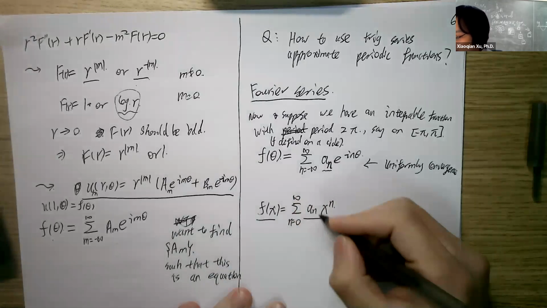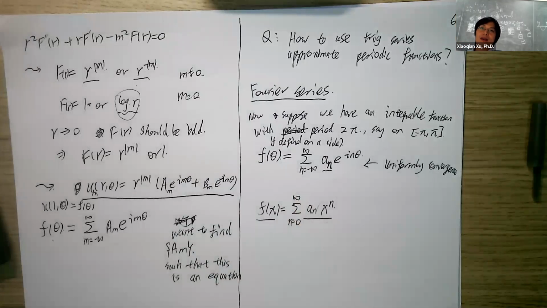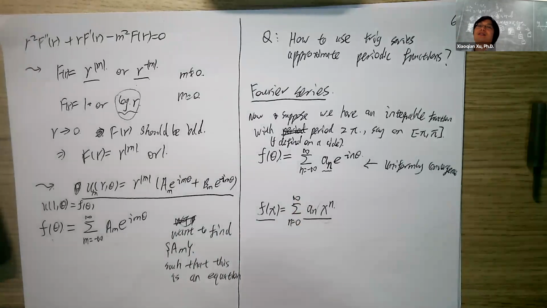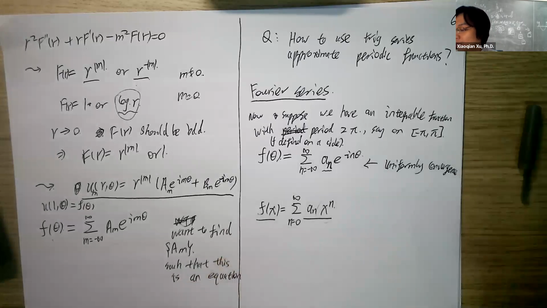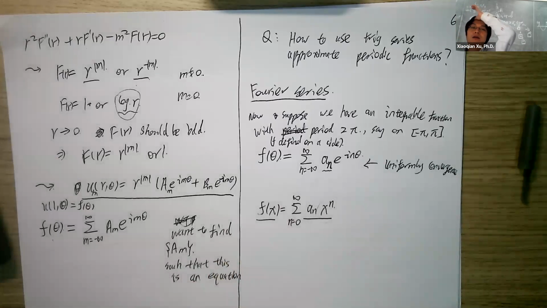The reason is this kind of function, x to the power n, is much easier than an arbitrary function. When you take the derivative, what is the derivative of x to the power n? It's just n times x to the power n minus 1. What is the integral of that? It's just 1 over n plus 1 times x to the power n plus 1, right? If you are able to do it term by term, then it becomes super easy. This is why you always try to expand it by Taylor series.